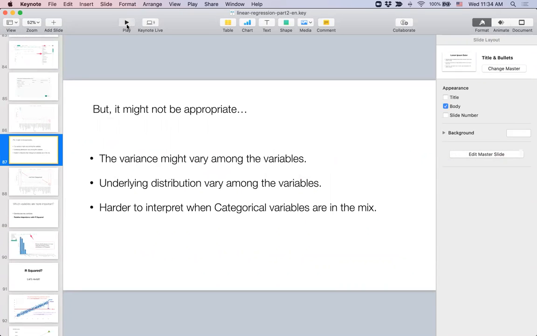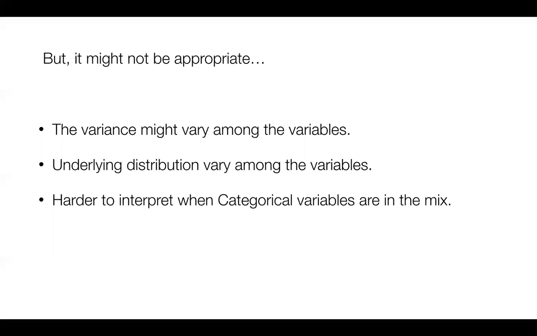But it might not always be appropriate, because the variance might vary among the variables and the underlying distribution varies among the variables. If these are all normal distributions, these things are super easy. But in real life, it's very rare to have all the variables be normally distributed.